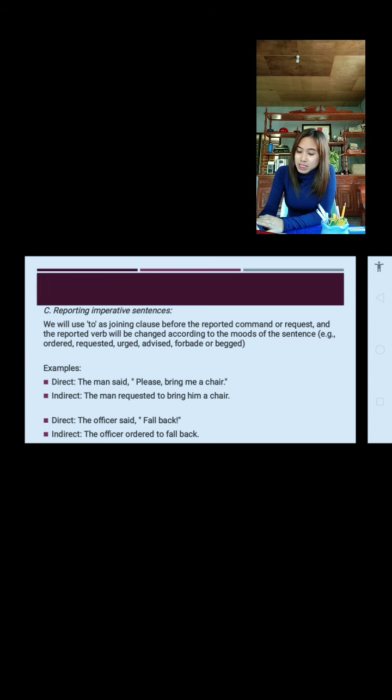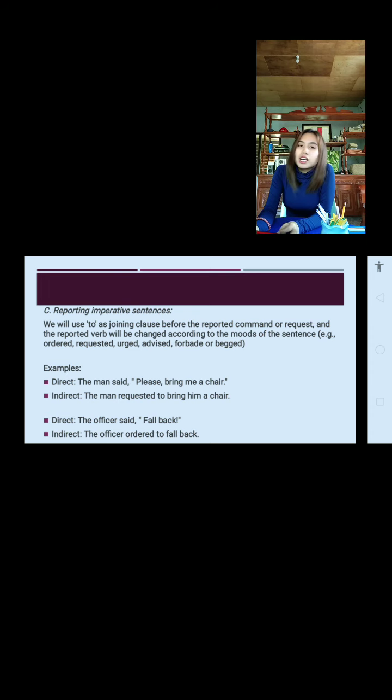Example, direct speech. The man said, "Please bring me a chair." The man is requesting. So our indirect speech will be, the man requested to bring him a chair, using to as the joining clause.